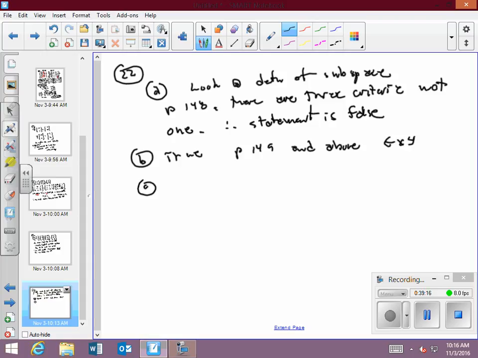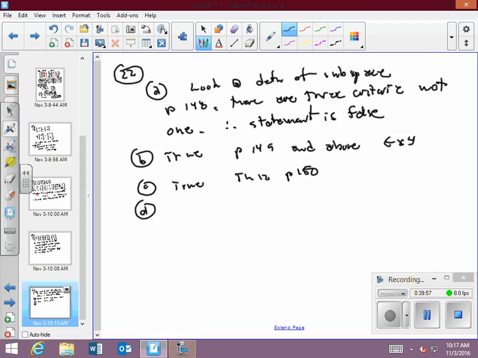C, null space of an m by n matrix is a subspace of Rn, and that's true. And that's theorem 12 on page 150. So that's just that theorem.